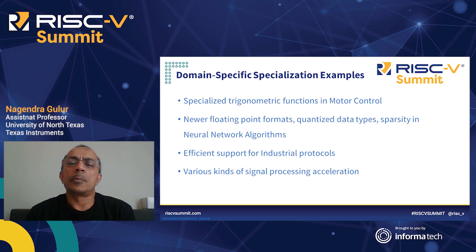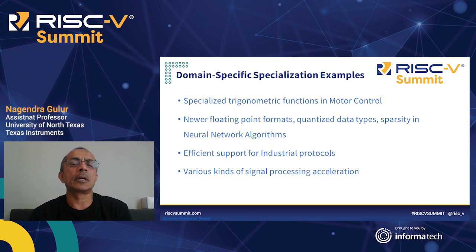Domain-specific applications are many. There are examples from different domains, and I have just listed a few of them to trigger some ideas. Trigonometric functions in motor control are one class. In ML and neural networks in particular, there have been a lot of specialization opportunities coming up in the form of newer floating point formats such as brain float, 8-bit floating point, and newer quantized data types, like ternary weights or maybe 12-bit weights, and being able to explore sparsity and pruning in neural networks in order to achieve performance.